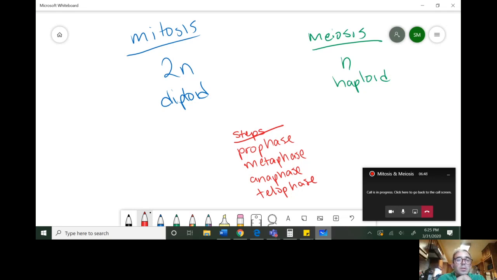And in mitosis, you have your interphase. Mitosis will go through these steps once. One time. Meiosis will go through the steps 2 times.